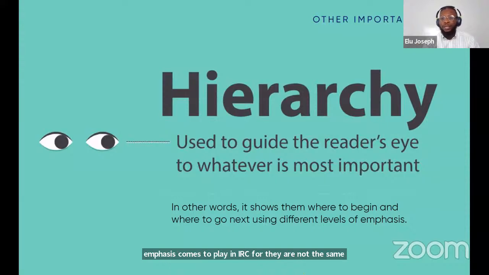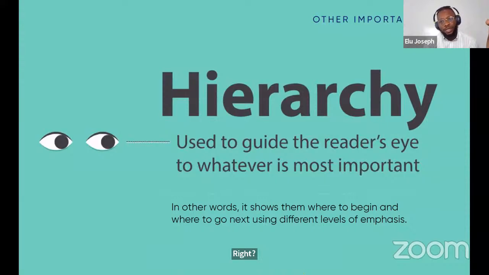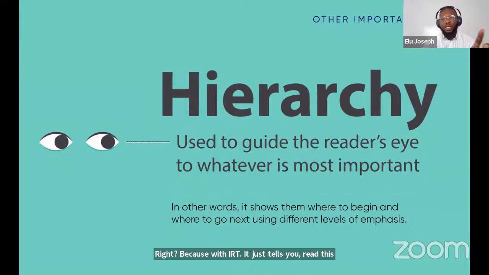Because with hierarchy, it just tells you, read this first. The first thing you see when this slide comes up is the word hierarchy, big. Then the next thing you see is "used to guide the reader's eye" because it's the next big thing. Then the last thing you would see is "in other words". I've been able to help you guide how to read this. That is what hierarchy does.